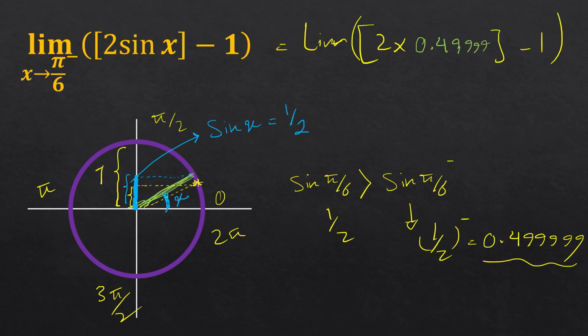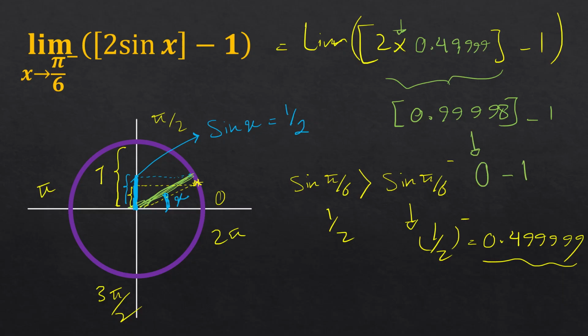Then this equals floor of 0.9999. If I do this multiplication, it gives me something a little bit smaller than 1. And the floor of this is 0. Then we have 0 minus 1, and this is minus 1.